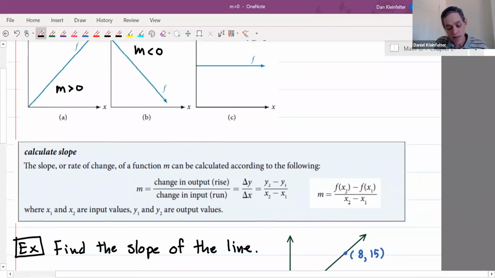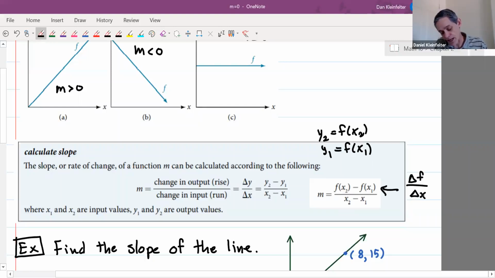If we think in terms of functions, our y2 could be our f of x2, and our y1 could be f of x1. So then the slope formula turns into this: the change in the function values divided by the change in x. So you can see that as change in f over change in x as well.